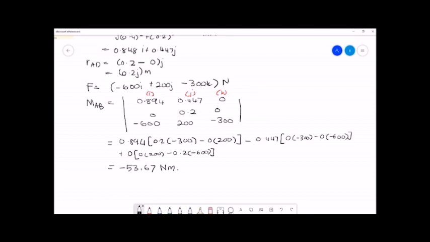You can also express the moment about the specified axis, which is AB, in the Cartesian vector form, which is uAB times the magnitude of MAB, which is equal to 0.894i plus 0.447j times negative 63.67, then equal to negative 48i plus 20.